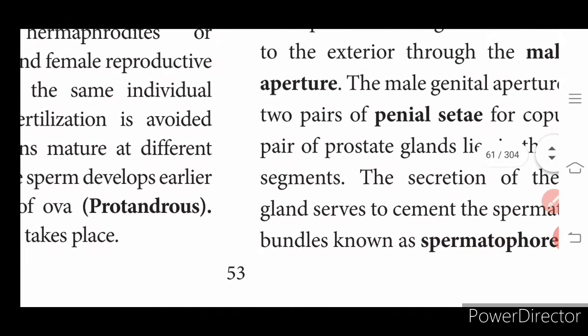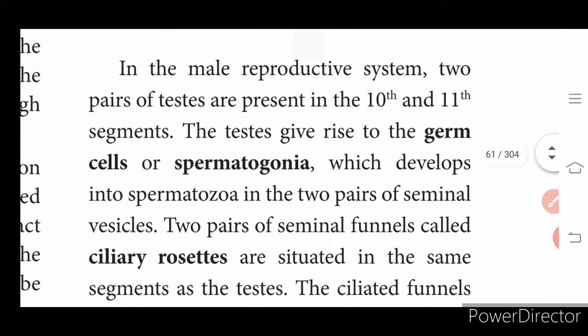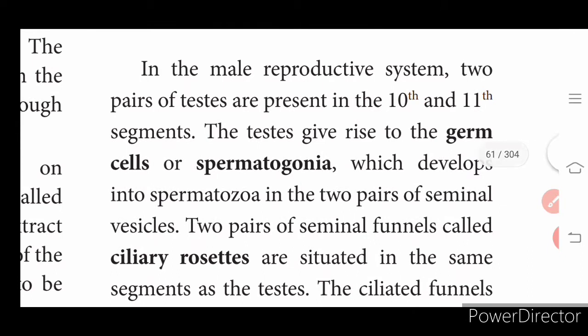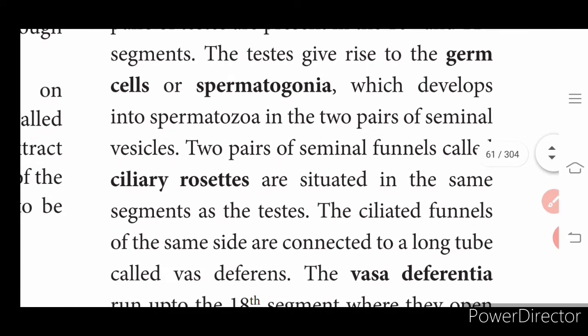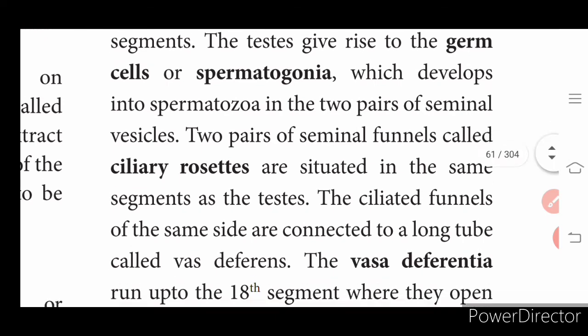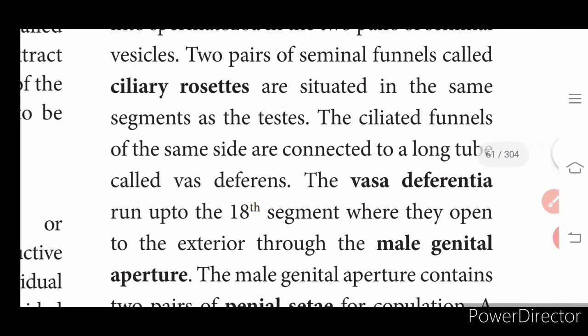The male gamete is formed first, that is called proandrous. Then we have the male reproductive system. It has a pair of testes present in the 10th to 11th segment, and it gives rise to the germ cells, spermatogonia, which further form the gametes.